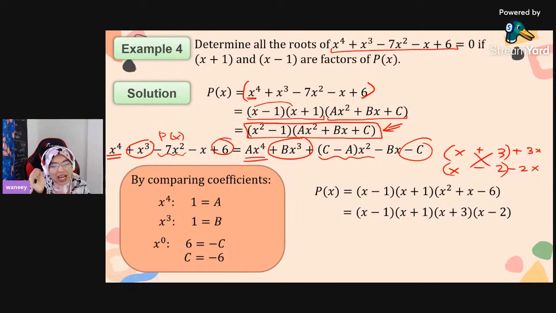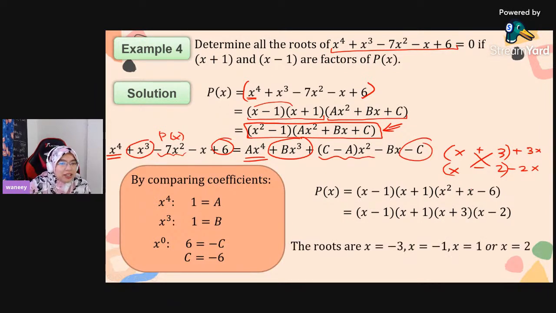But those are the factors. They were asking for the roots. In order to write down the roots, I need to write them down in the form of x equal to what? Okay, so x equal to negative 3. So that comes from x plus 3. X equal to negative 1.